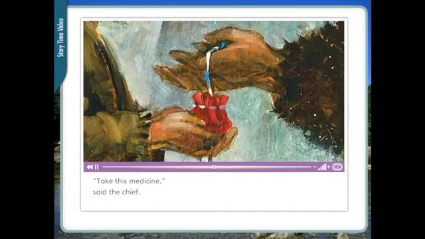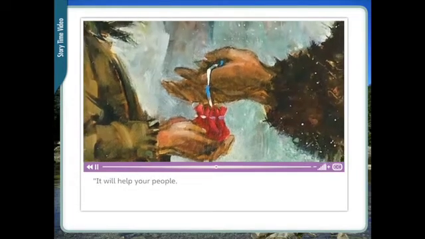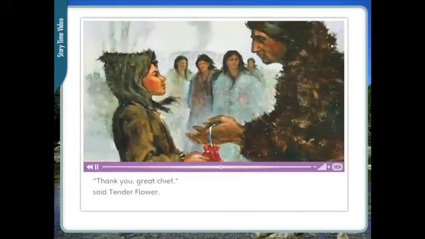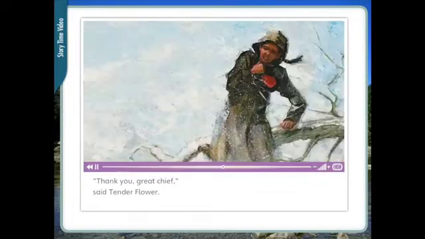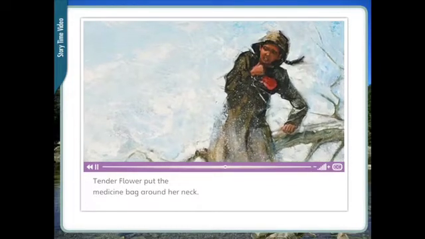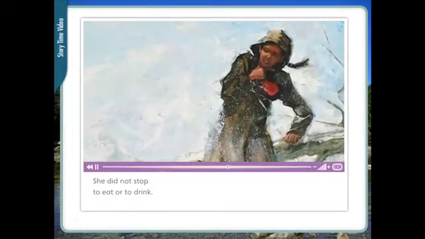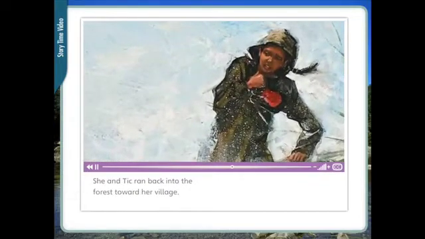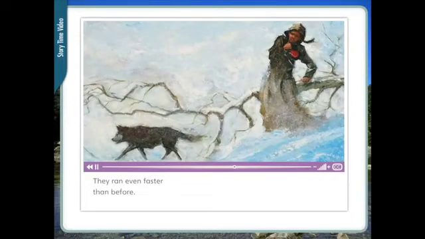"Take this medicine," said the chief. "It will help your people. If they are weak, give it to them yourself." "Thank you, great chief," said Tenderflower. Tenderflower put the medicine bag around her neck. She did not stop to eat or to drink. She and Tick ran back into the forest toward her village. They ran even faster than before.